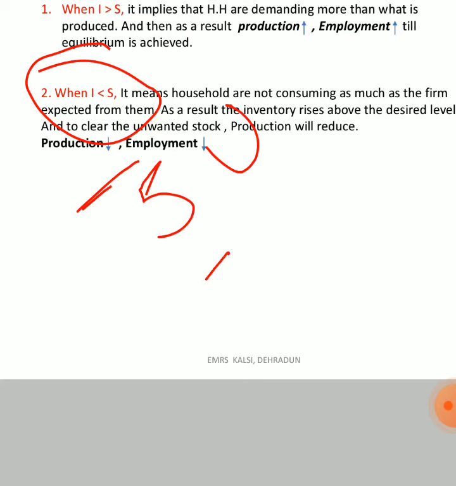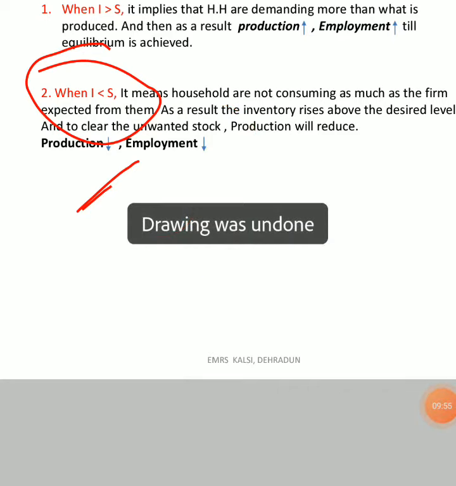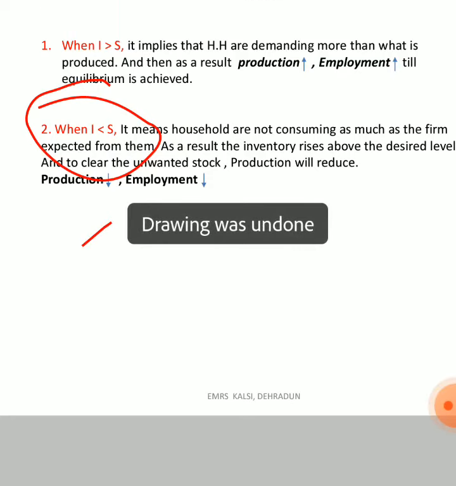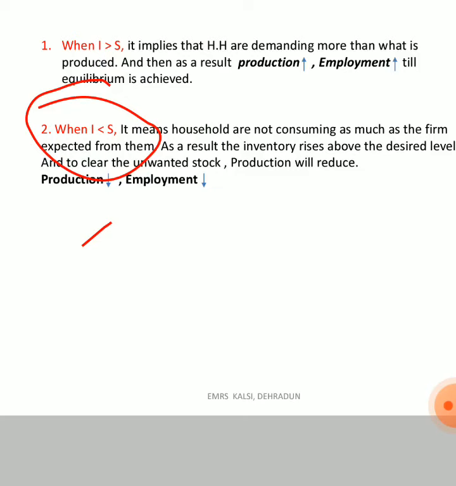Now 5 people are required to produce 5 units. So by reducing the production, the employment also reduces. And this process will continue till the equilibrium level is attained. So this is the readjustment process.